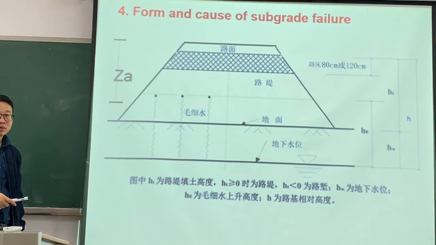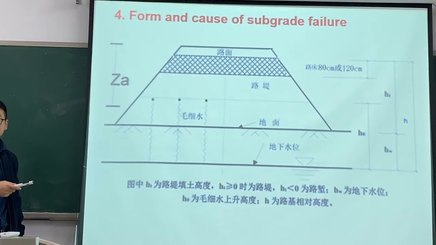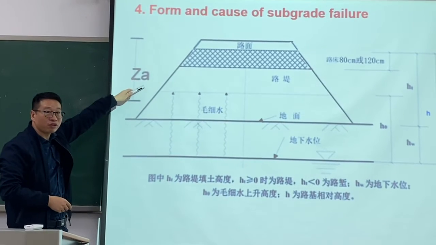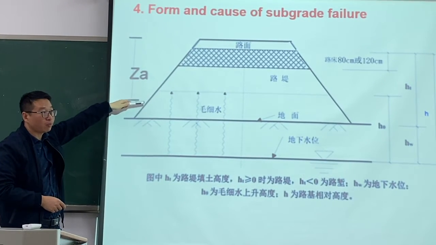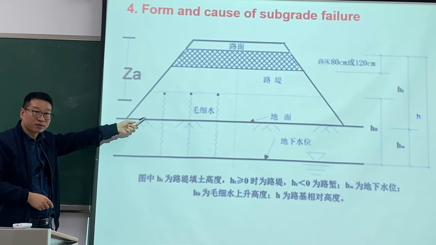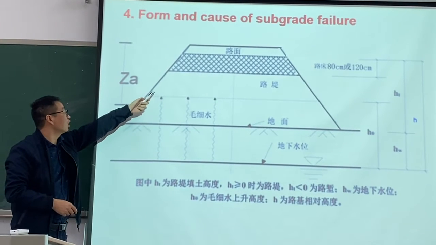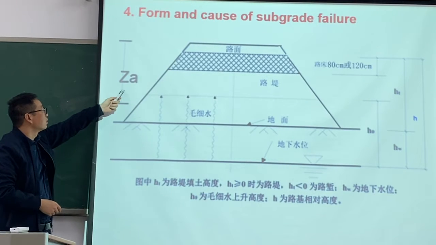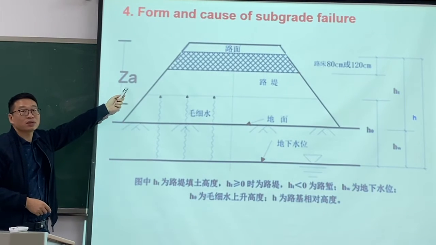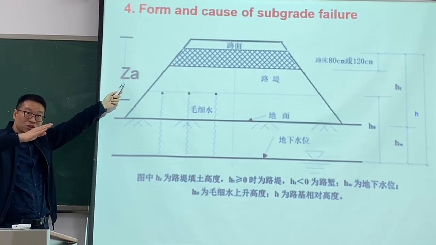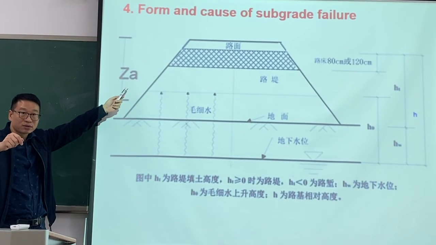So from this we can know that the work zone is influenced by the capillary rise. If the capillary rise does not influence the work zone, the subgrade is in dry state.